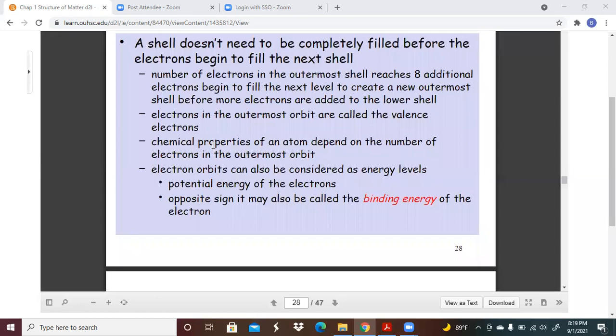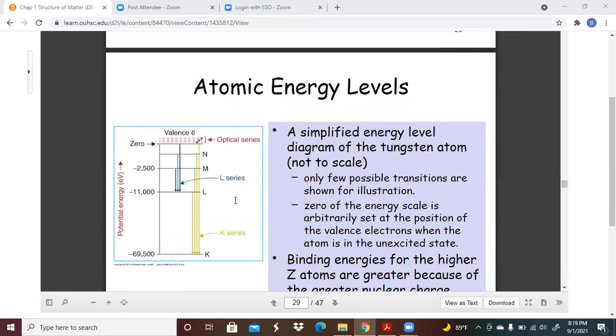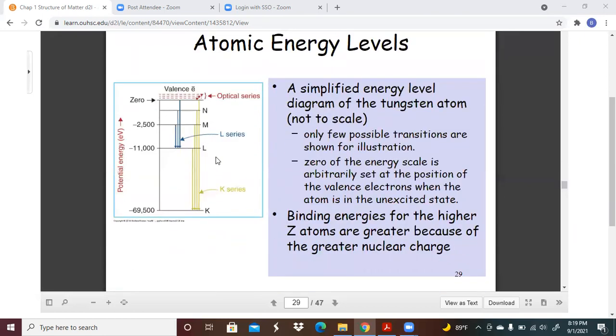Electron orbits can also be considered as energy levels. The potential energy of the electrons, with opposite sign, may also be called the binding energy of the electron. So here's an example.